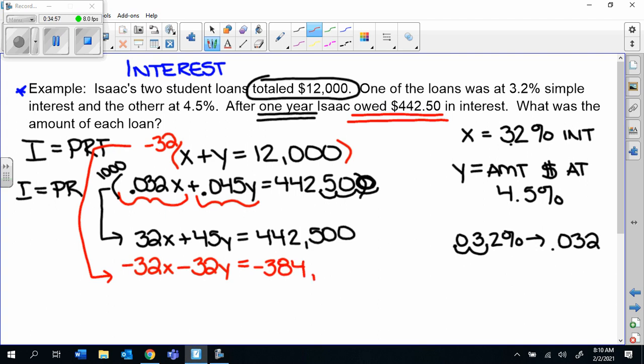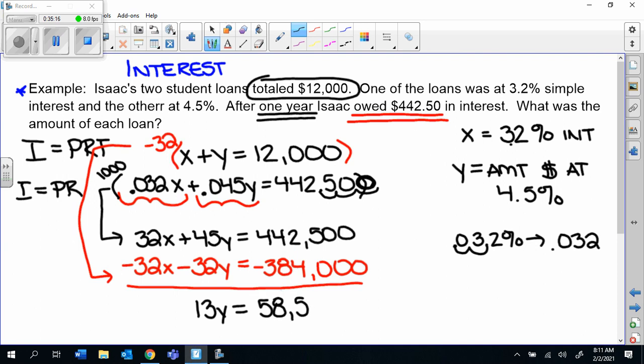Check it on your calculator. Draw my line. The x's drop out. 45 subtract 32 is just 13y. When I subtract these two big numbers, I get 58,500.